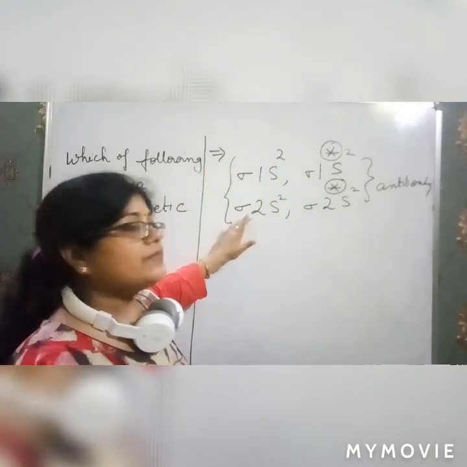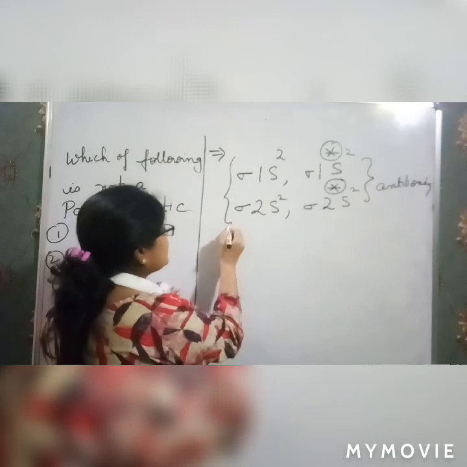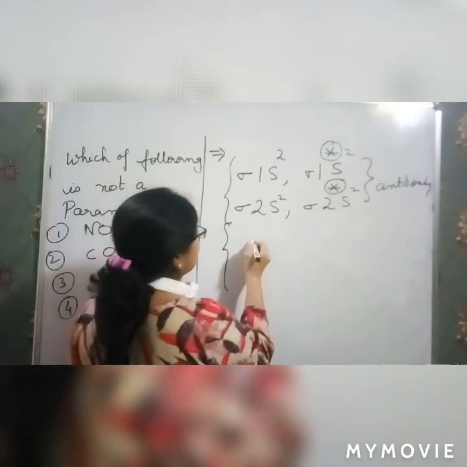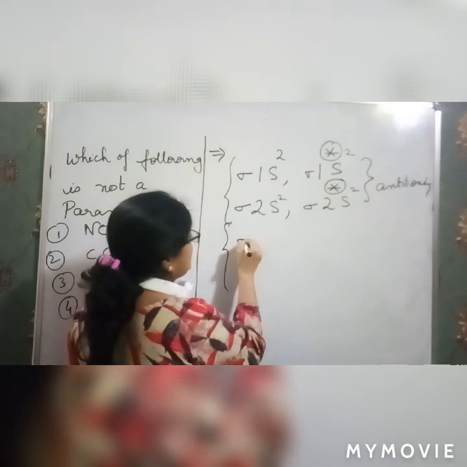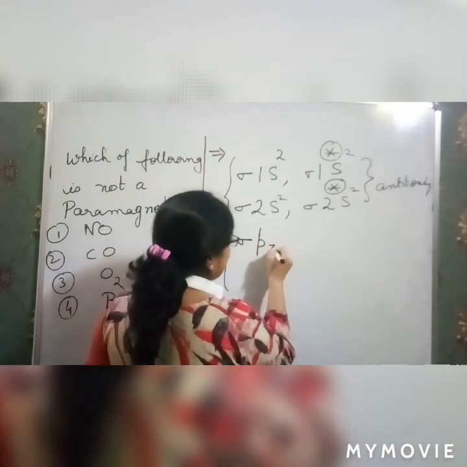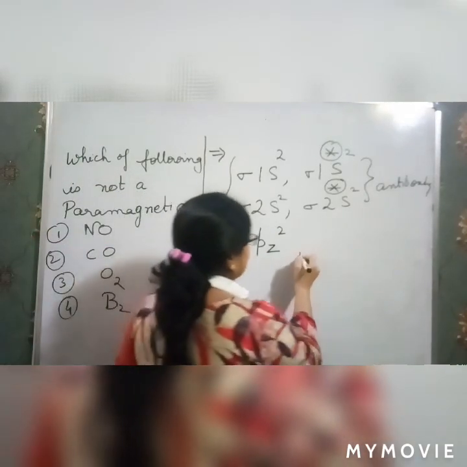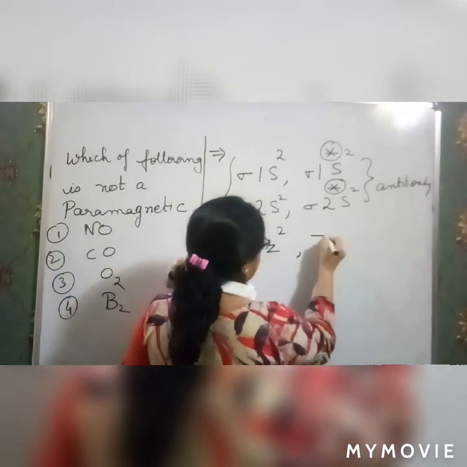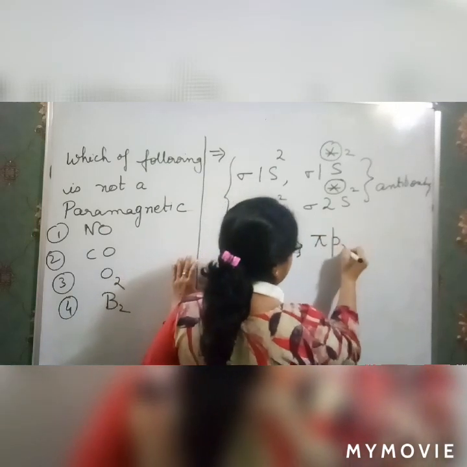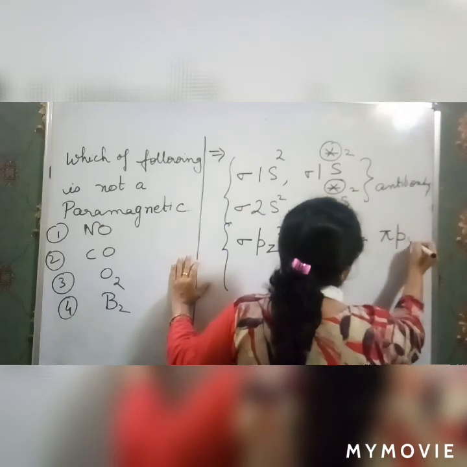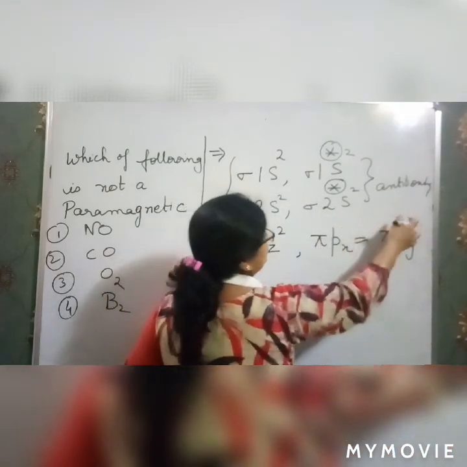Now after this step, you people make mistakes. Just see. Firstly, you fill sigma pz 2. Okay. Afterwards, you fill pi px equivalent to pi py, but not 2 and 2.